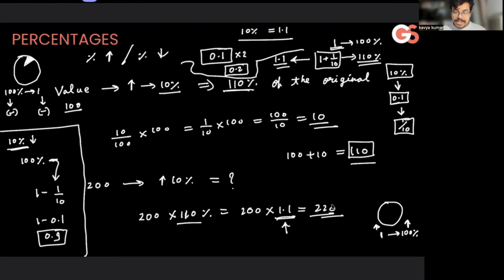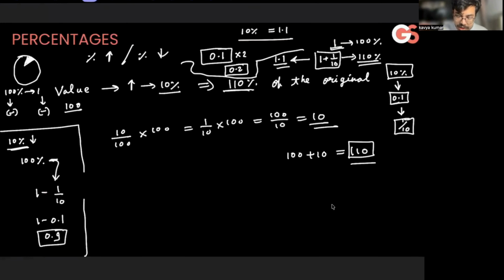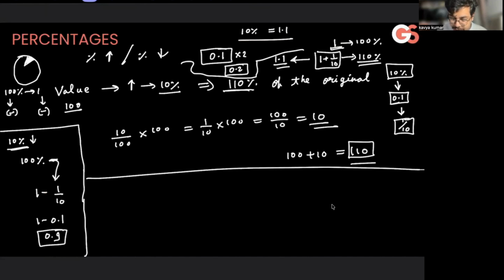So if you can understand this, I'll just clear this. Yeah. So if you can understand this complete thing above, if I ask you 25% increase, so what will be the MF? MF is nothing but multiplication factor.